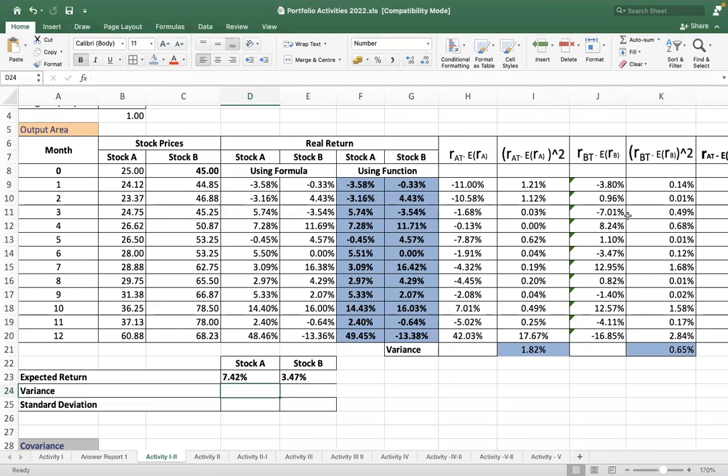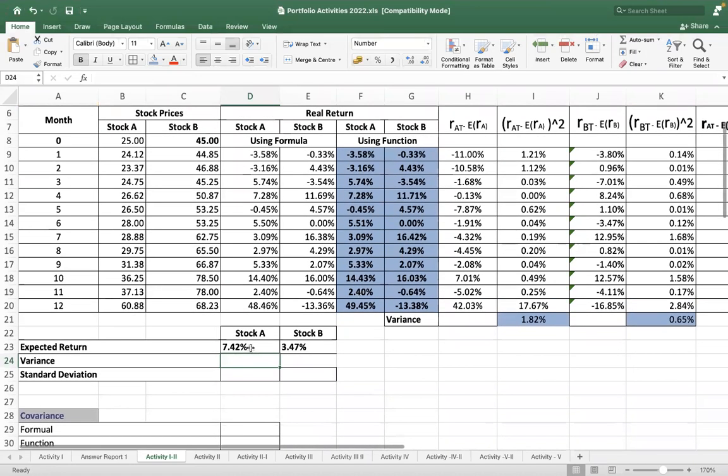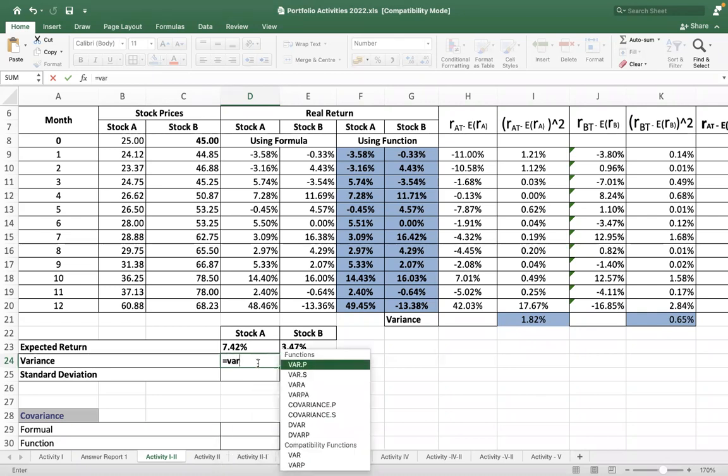Right. So you can calculate the variance. Variance can be calculated with an Excel function. We have the Excel function to calculate the variance of a particular data series. We can use VARP, right?